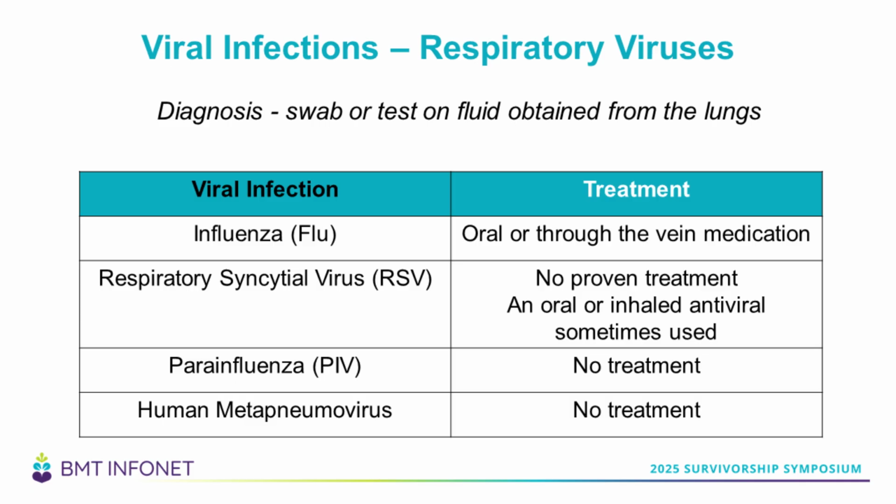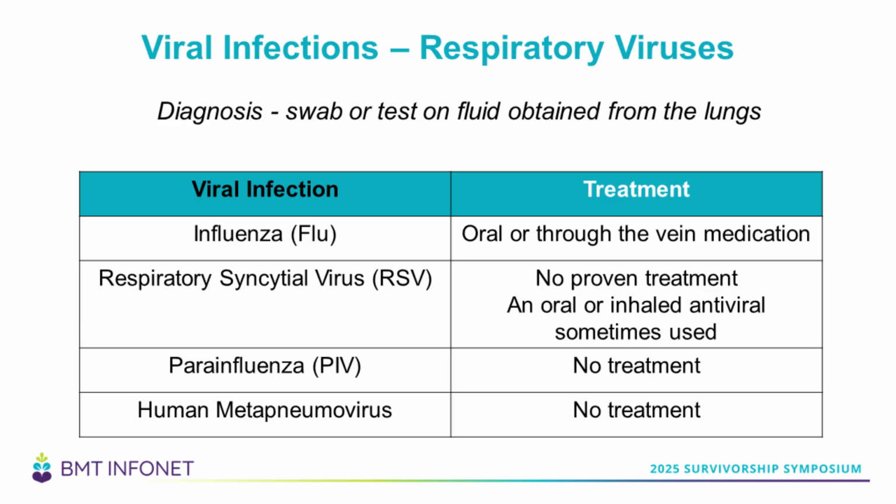If your medical team suspects that you might have a respiratory viral infection, they will usually try to make the diagnosis by swabbing the nasopharynx, so that would be a swab actually placed inside of your nose, and it goes down to the back of your throat.